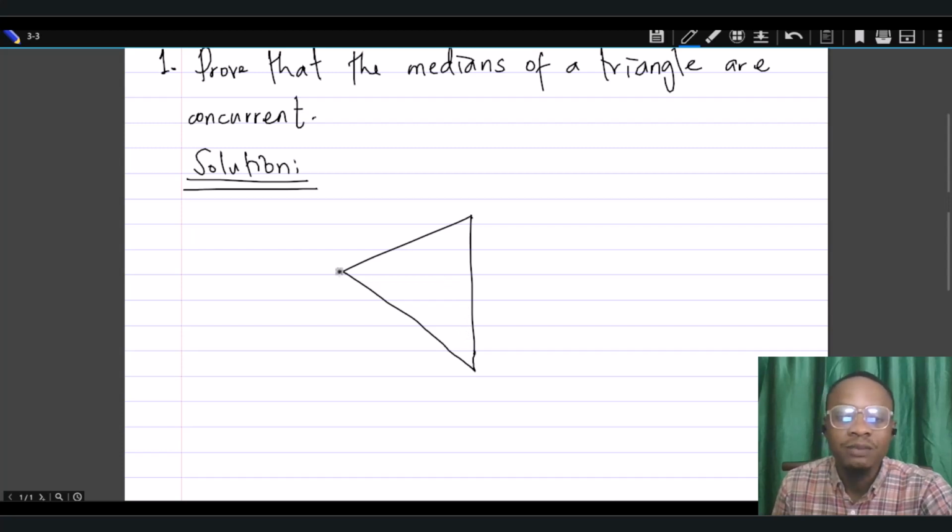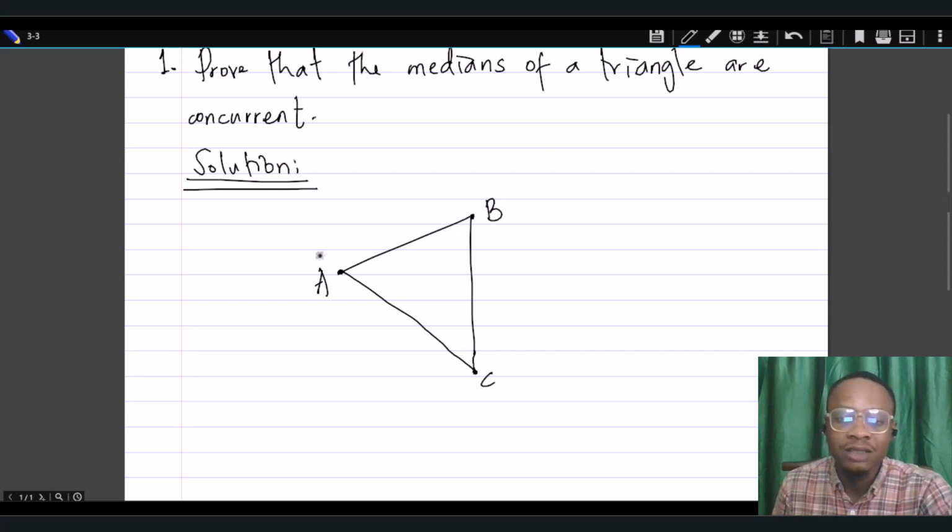So let's say this is point A and this is point B and this is point C. This is our choice. Then we're interested in the medians of the triangle.